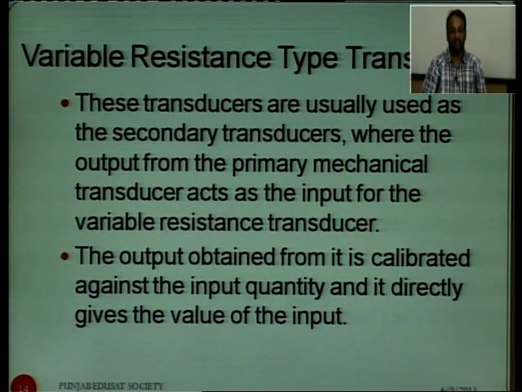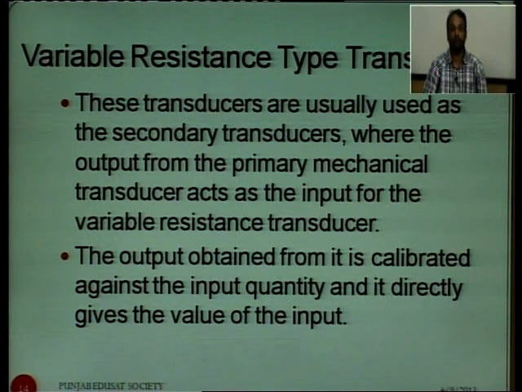These transducers are usually used as secondary transducers, where the output from a primary mechanical transducer acts as an input for variable resistance transducers. That means variable resistance transducers are generally used as secondary type of transducers.